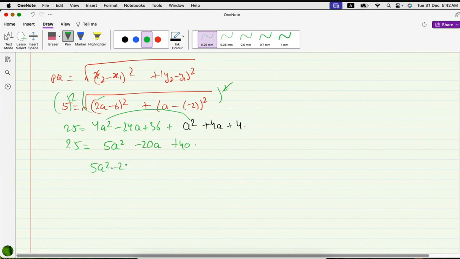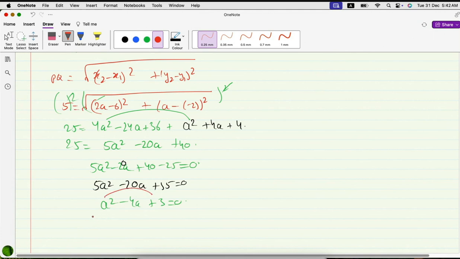5a square minus 20a plus 40 minus 25 is equal to 0. So 5a square minus 20a plus 15 is equal to 0. Dividing by 5, the whole equation is a square minus 4a plus 3 is equal to 0.